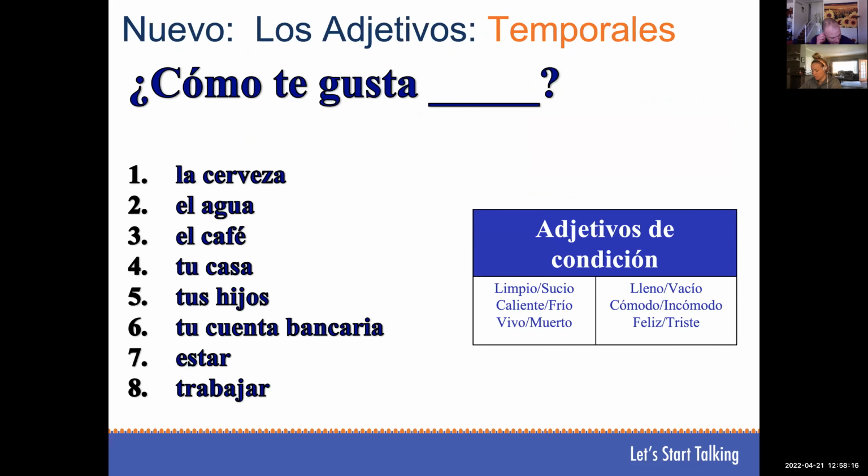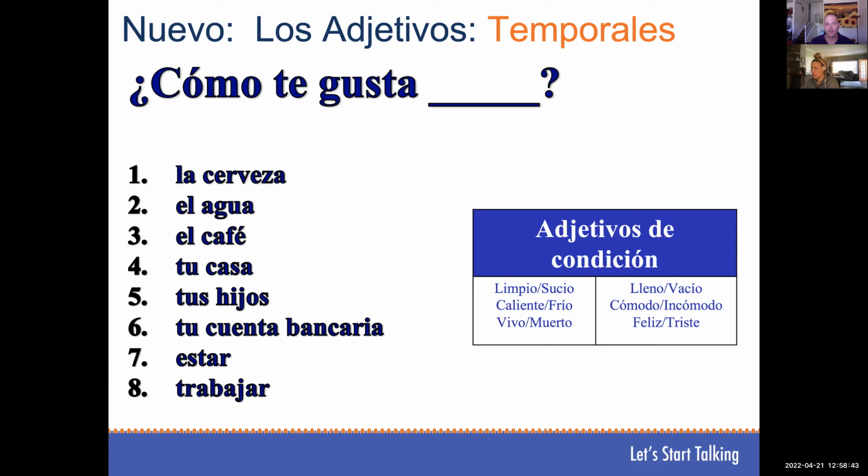¿Cómo te gusta la cerveza? Me gusta la cerveza frío. And it would be fría because it's la cerveza. I get that. Okay. Frío. Fría. Me gusta el agua frío. And so that's a funny one.